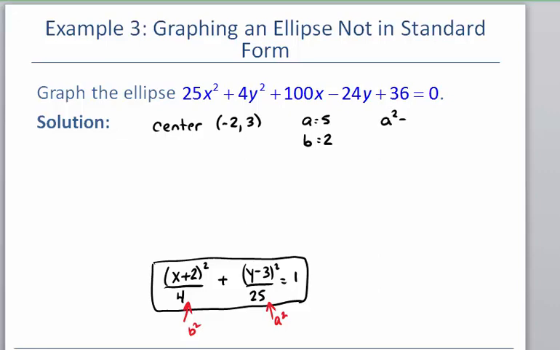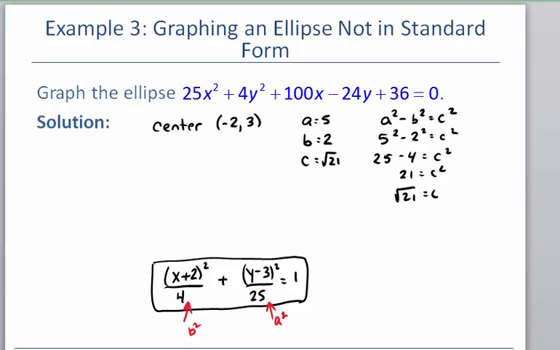So a squared minus b squared is equal to c squared. We can plug our numbers in. So we'll have 25 minus 4 is equal to c squared. And so the c value is going to be the square root of 21.